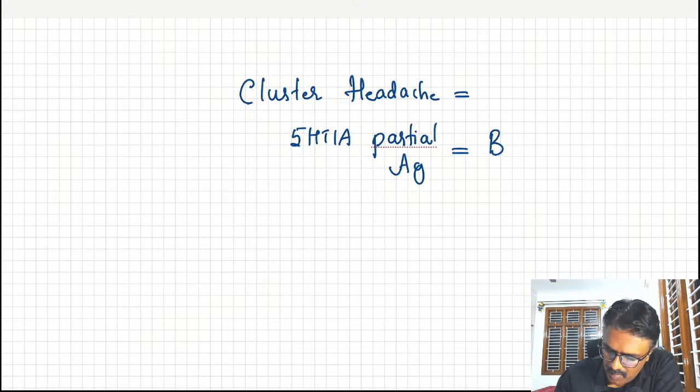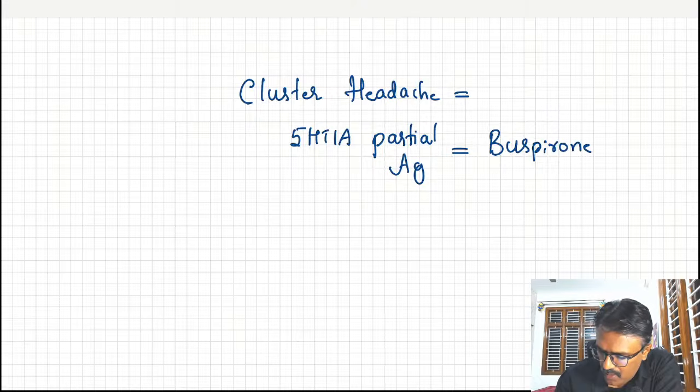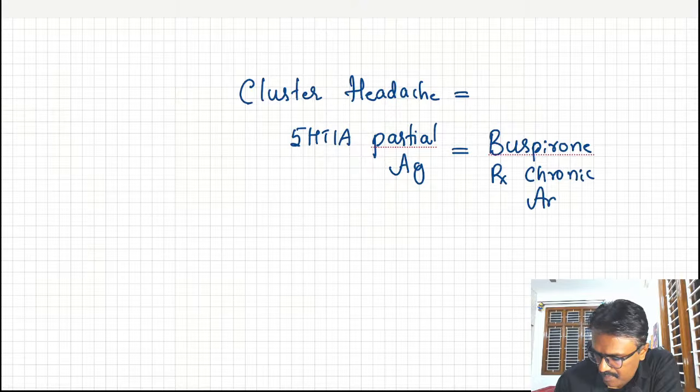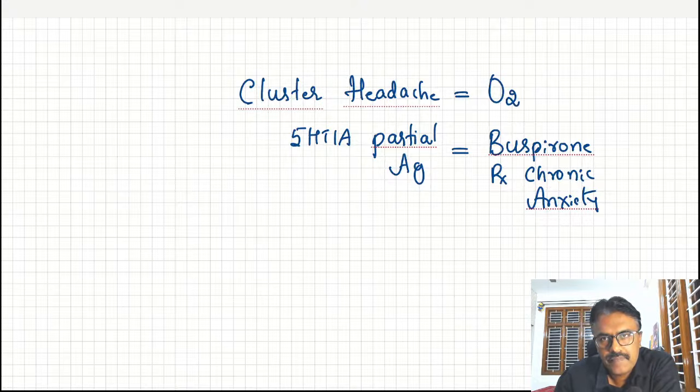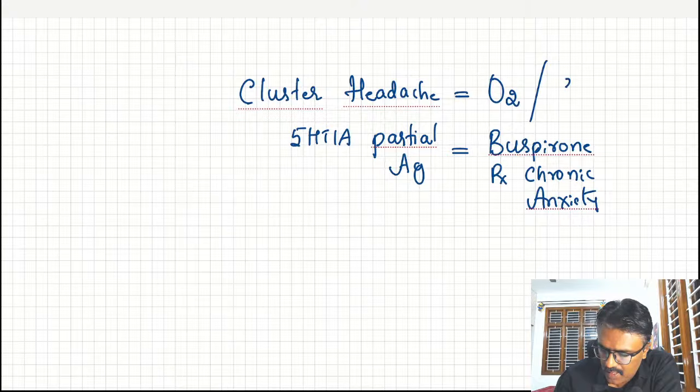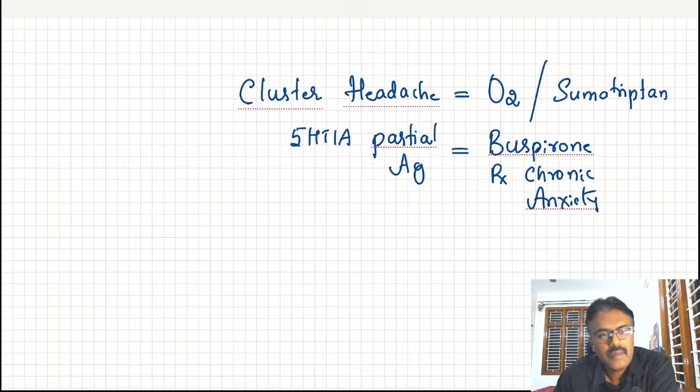The name is called buspirone. So buspirone is a drug used for chronic anxiety. Don't confuse with bupropion. Yes, for cluster headache, the treatment is oxygen. If that is not there, you can still give triptans.